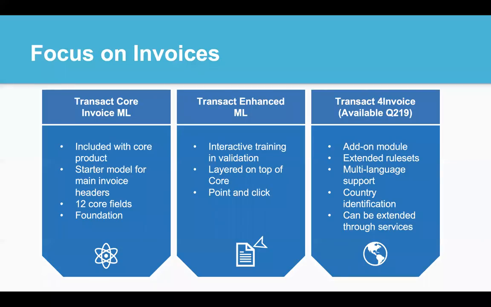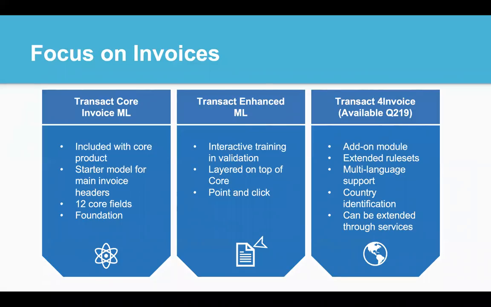Transact is a broad platform for all types of document intelligence needs, but we do have specific functionality around invoices to give you a head start. At the lowest level, our 2019.1 release contains core invoice machine learning, a pre-built model that provides out-of-the-box extraction for 12 core invoice header fields.